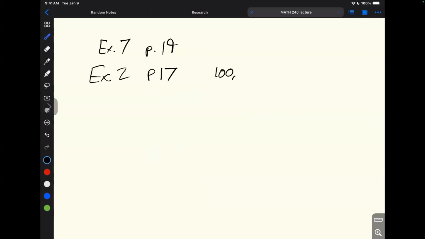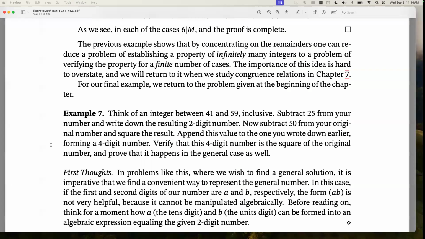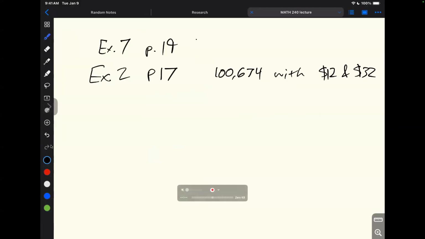So 1,674 with 12 and 32. And then example 7 on page 19, that's the 41 to 59. It's in the textbook.